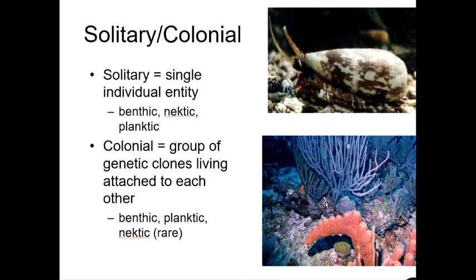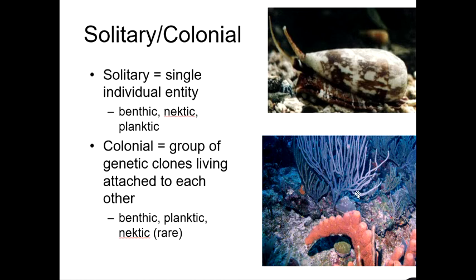Colonial creatures, by contrast, are a group of genetic clones that continually bud off of one another, and they are attached to one another. So when you look at this purple coral in this lower picture, you might say, well, that's one coral. It's one coral colony.